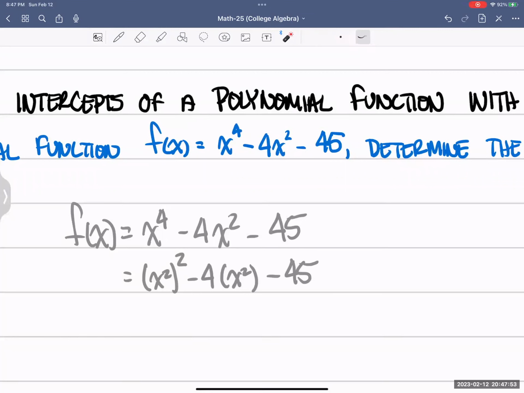If you want, we could say that this x squared is like w, just so you can see it a little differently. Here we're going to factor the same way we would a quadratic. We're looking for two numbers that multiply to negative 45 and add to negative 4.